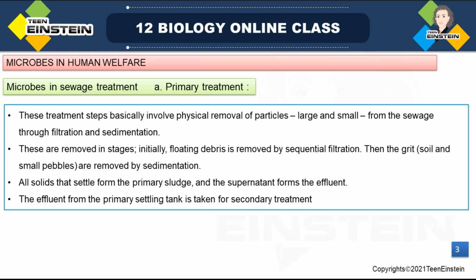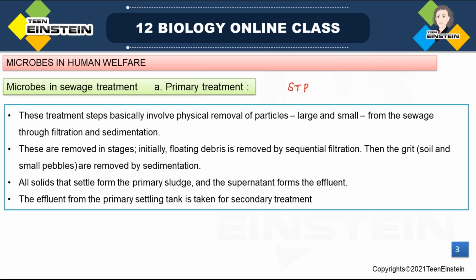So what we will do, before disposal, the sewage is treated in sewage treatment plants. So where will they treat that? In sewage treatment plants, in short form STP, sewage treatment plant. There we will treat the wastewater which is getting created in the cities in large quantities.